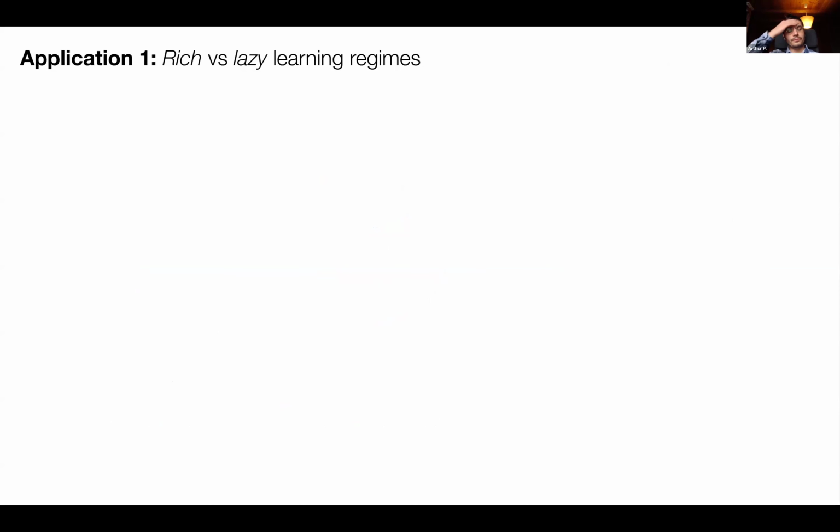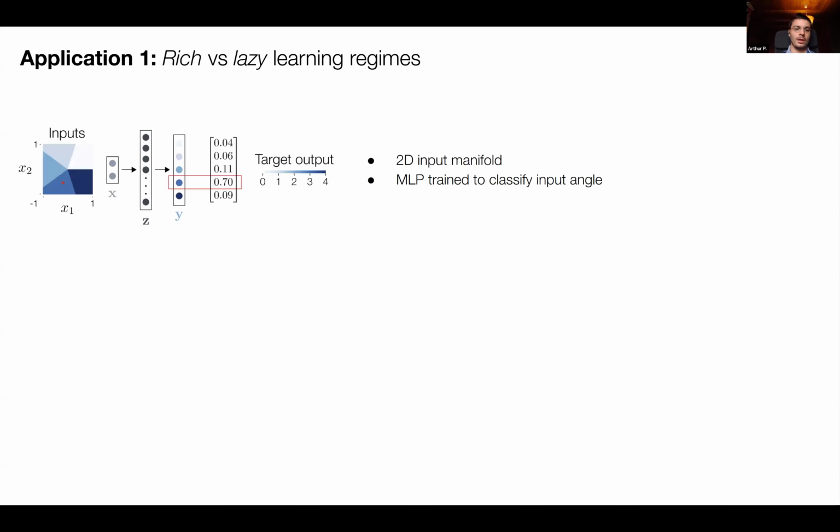First, I'm going to show an application to feature learning. It turns out that you can train a network in different learning regimes. With the same network, same architecture, same inputs, but by varying some hyperparameters of the network, you can make the network either generalize or not. We call these rich networks or lazy networks.